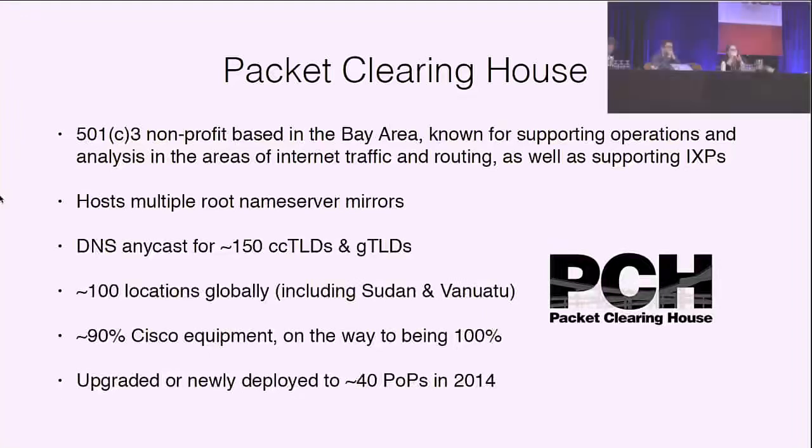We have about 100 locations globally, including places like Sudan and Vanuatu. So we go to some pretty crazy places, but we're also in more common places like LA and New York and Amsterdam and London. We're currently 100% Cisco equipment on the networking side.